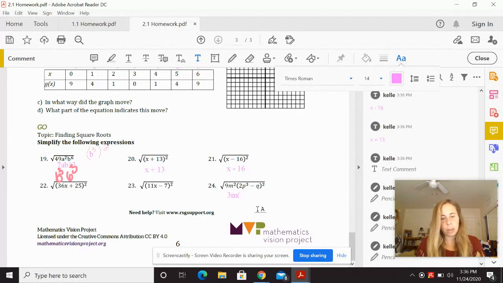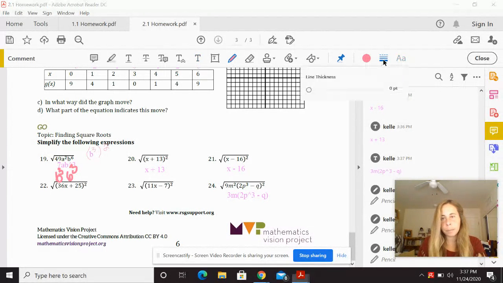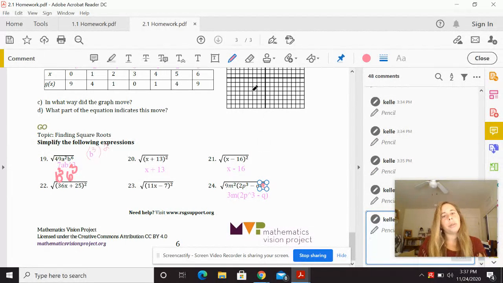So you're just left with 2p to the third minus 2. Okay, because you don't change anything. The radical cancels out the 2. It's gone. So you just rewrite everything else that's inside the parentheses.